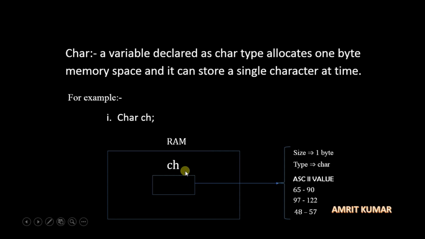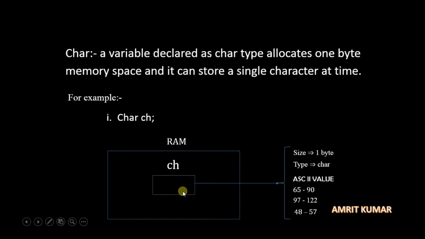So we have allocated 1 byte of memory space in the RAM, and the variable name is ch.